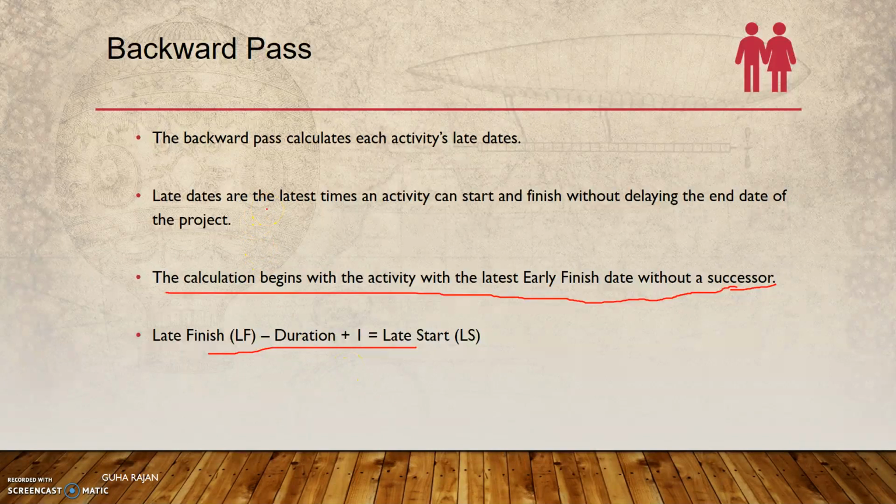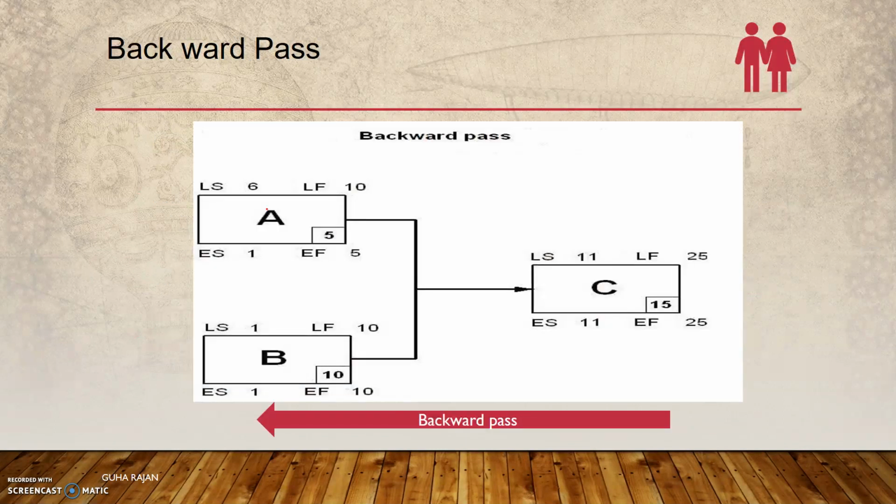If we get into the example, you'll understand better. So here is the backward pass. We have to start from the back side, the last activity, and we have already calculated the early finish, which is 25.